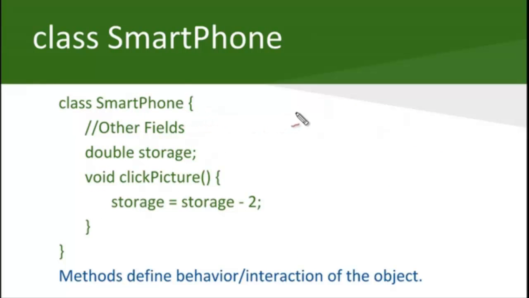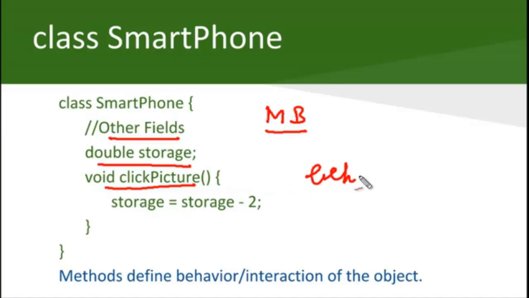Now we take the same smartphone example which we took earlier. Consider other fields here, and we have storage, and storage is in MBs. Consider a method which we call clickPicture. Click picture is a behavior or an interaction that the object of smartphone will be doing.